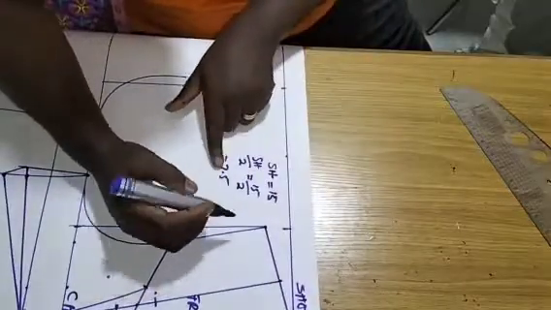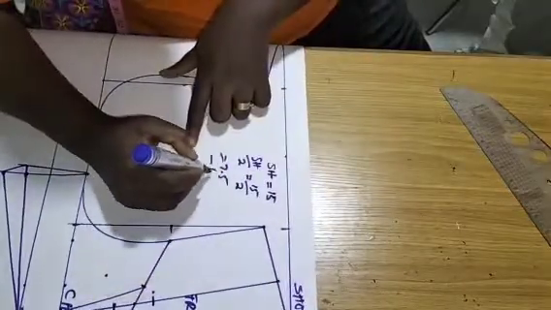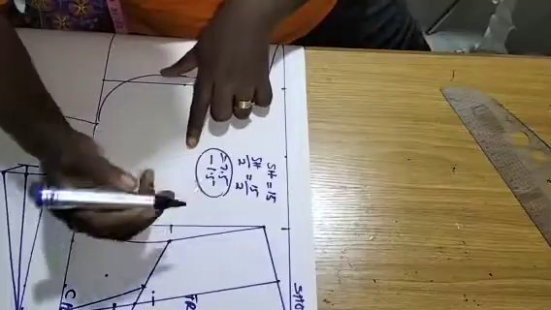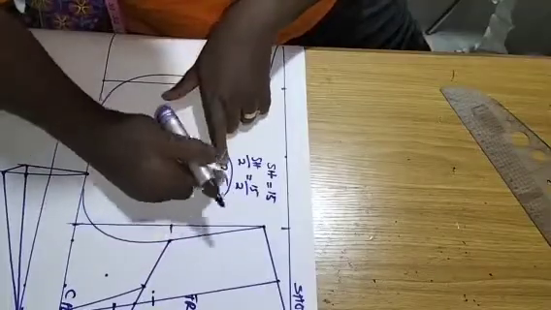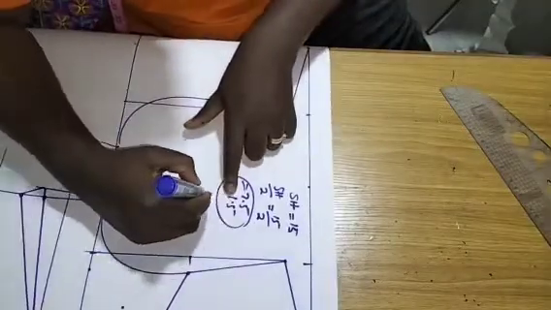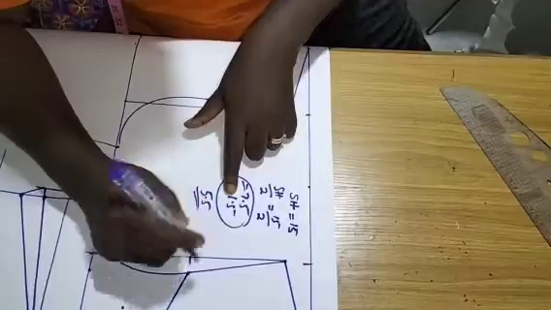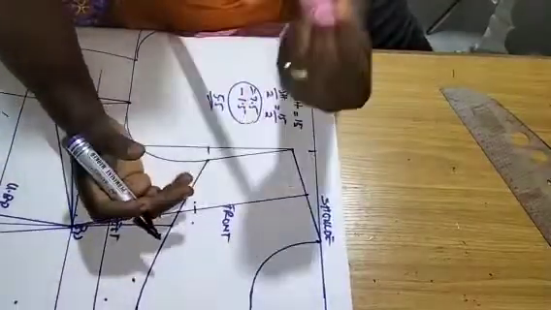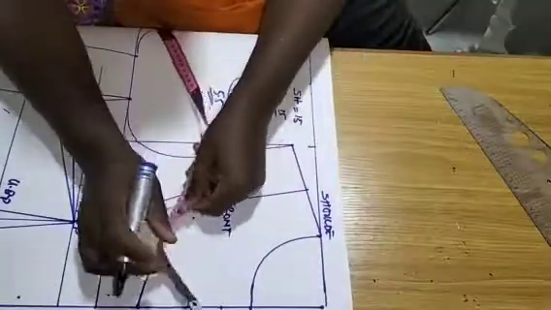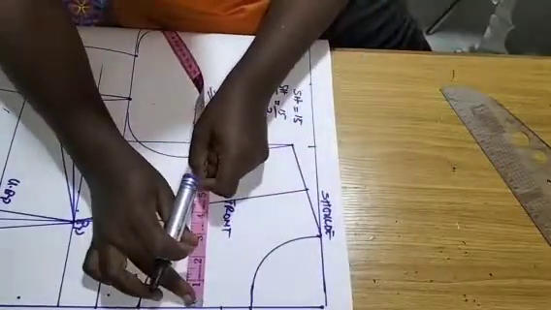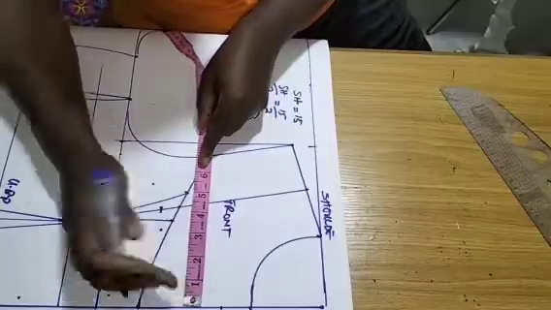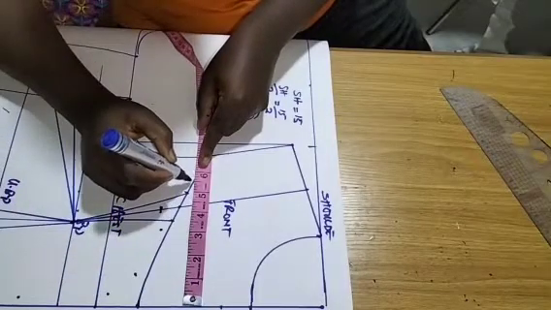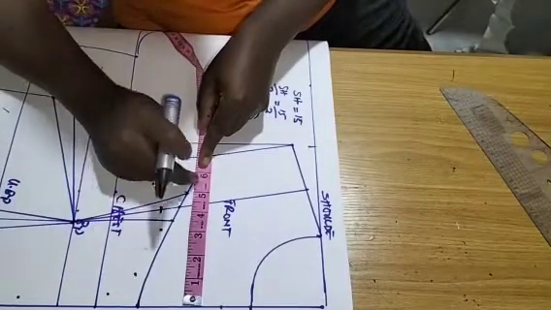This half shoulder minus 1.5, that is the formula for off shoulder. Your half shoulder minus 1.5, whatever it gives you, 5.5. If I'm not making use of this dart right now, I'll just go ahead and measure from the center front, measure it straight on this and mark my 5.5 and connect.